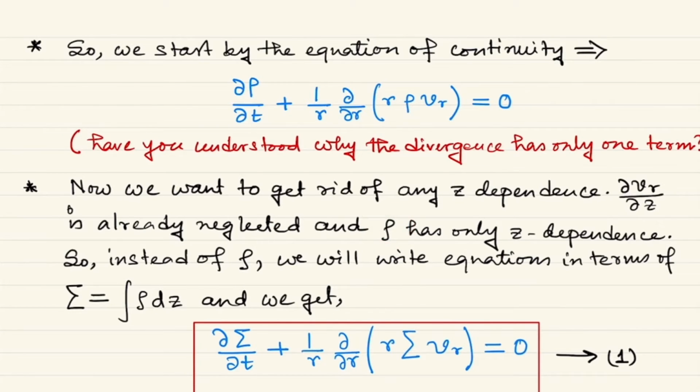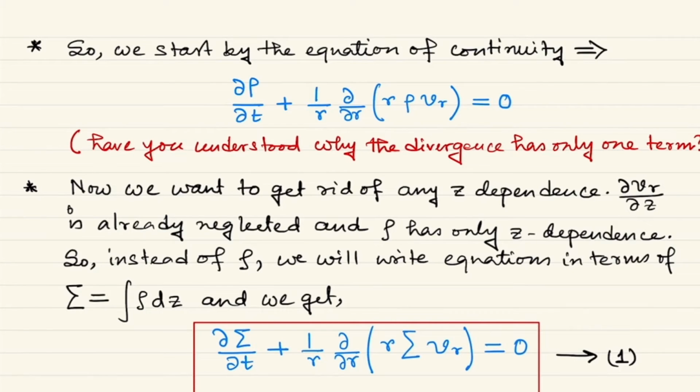One very simple thing we can do is, instead of rho, we will write equations in terms of sigma. This sigma is not for summation, that can be confusing, but please bear with it. Sigma is equal to the integral of rho dz. So this is the density integrated along the z direction.